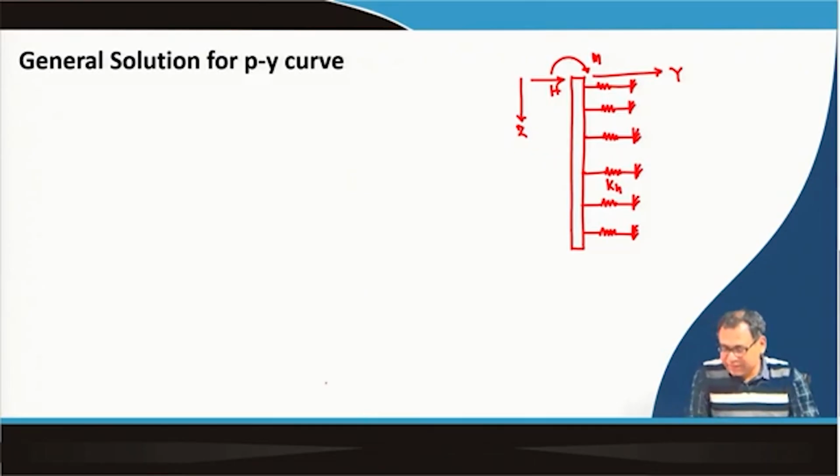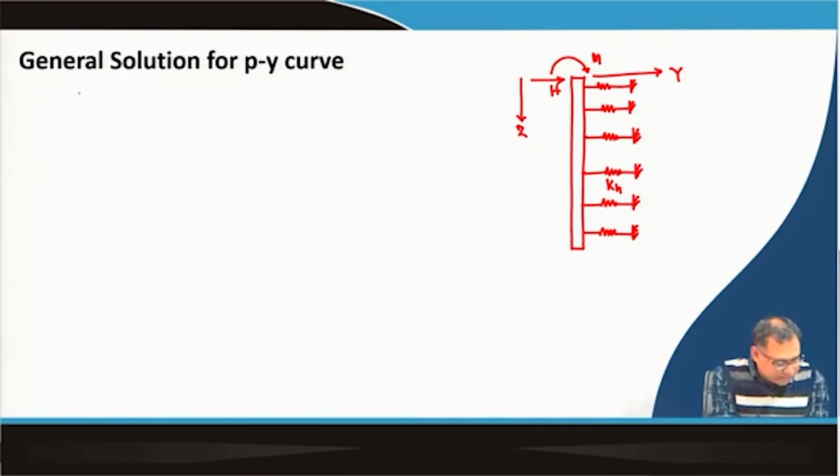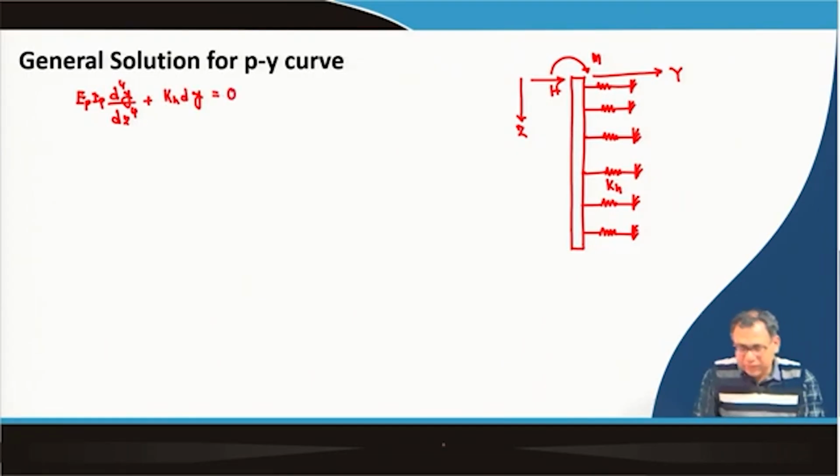If the pile is subjected to only horizontal load and moment, then under this condition the general solution of the beam equation will be EpIp d⁴y/dz⁴ plus kh d y equal to 0.